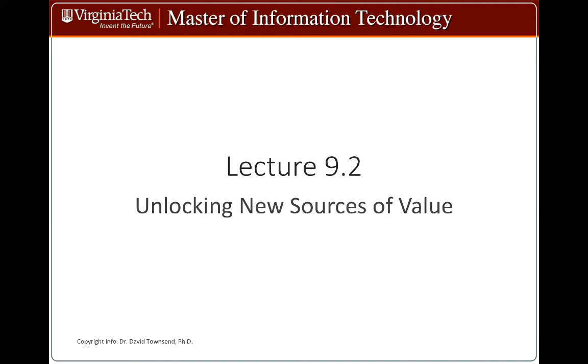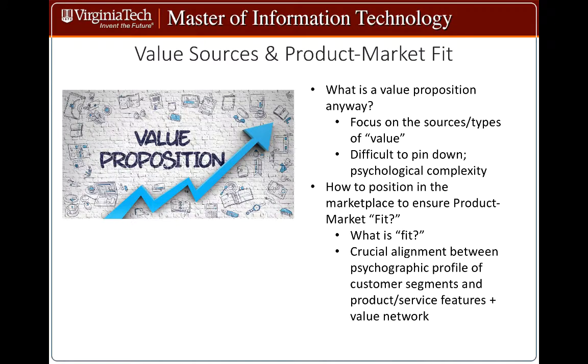And again, we've talked about why it's so important, but this is really going to be the centerpiece for us as we start to think about business model design moving into our next unit here in a few weeks. And so within that, this question of what a value proposition is is important because, as we've talked about across the technology adoption lifecycle, there are different sources and types of value that customers have, and there's not always a common consistency across these different segments.